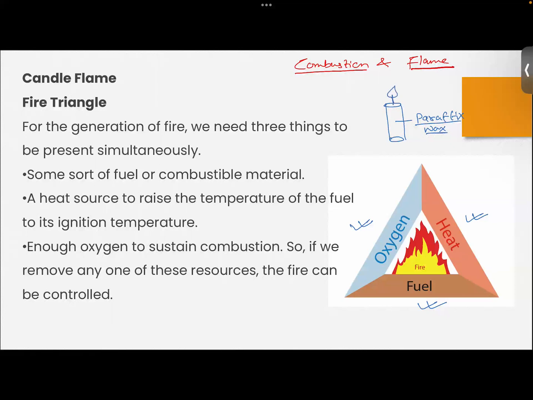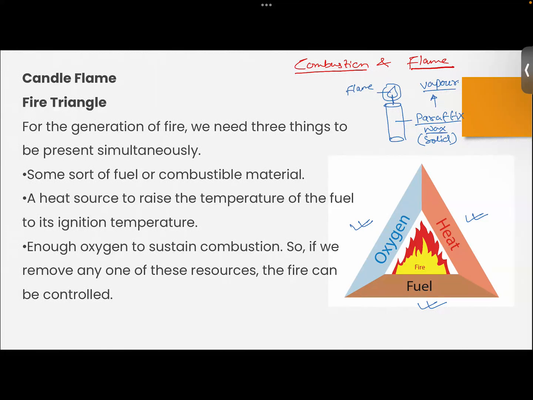This solid paraffin wax gets converted into vapor, that is, into gaseous form. This gaseous form burns with a flame here. This gas of paraffin wax burns with flame. So this flame is basically that region where combustion of gaseous substance takes place.